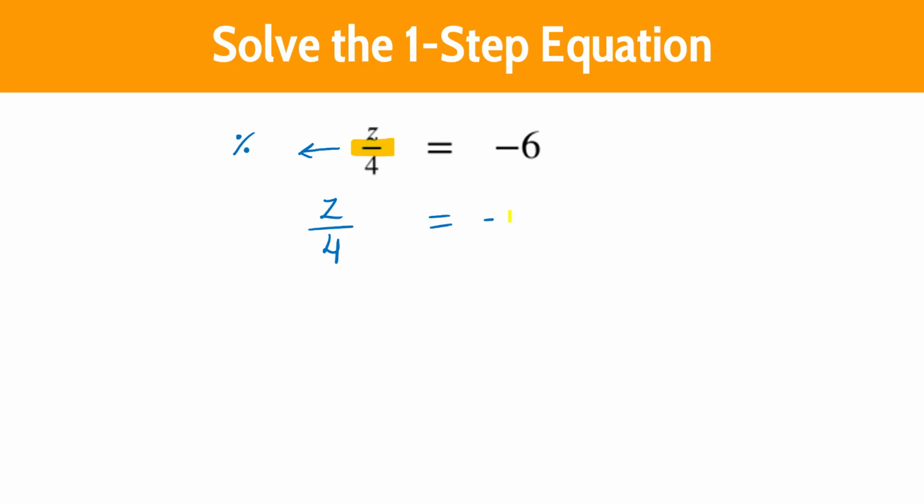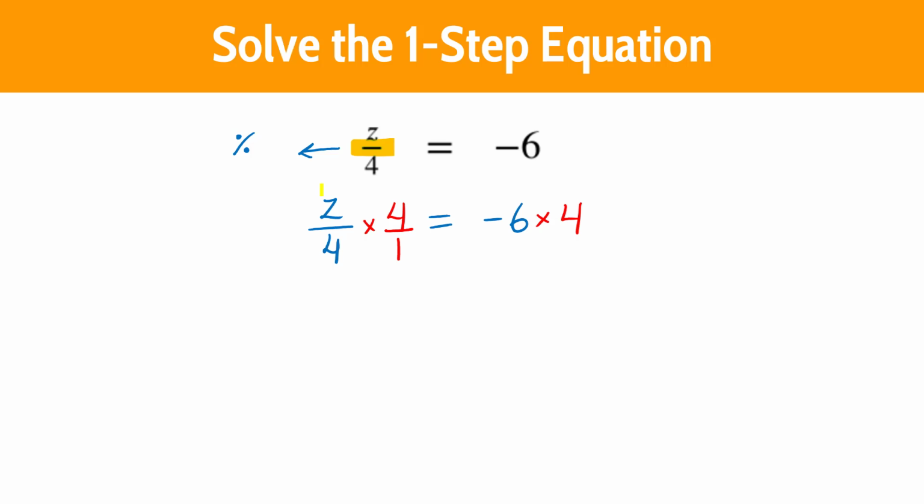So we will have z over 4 equals -6. And now we will multiply the left and the right-hand side by 4 and 4. On the left, I'm going to do one more thing. I'm going to write this 4 with the denominator of 1 simply because the z over 4 is written as a fraction.